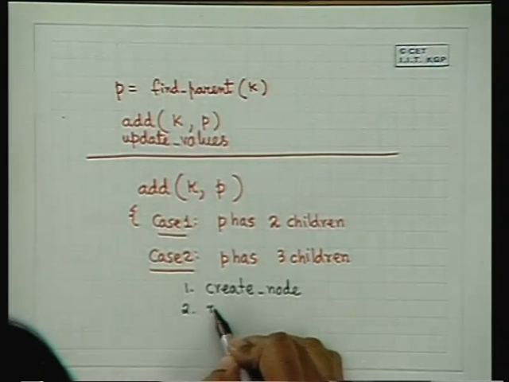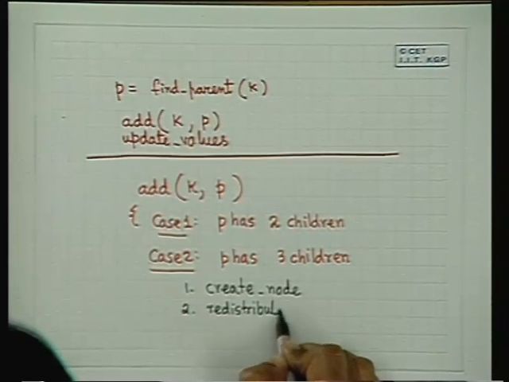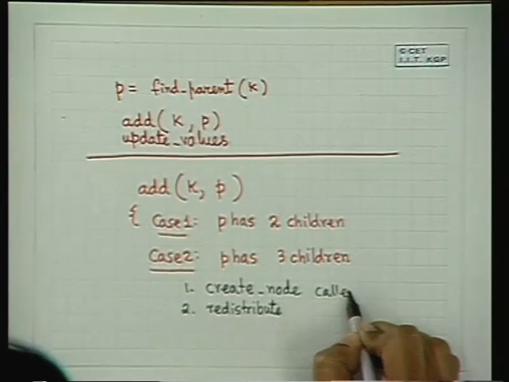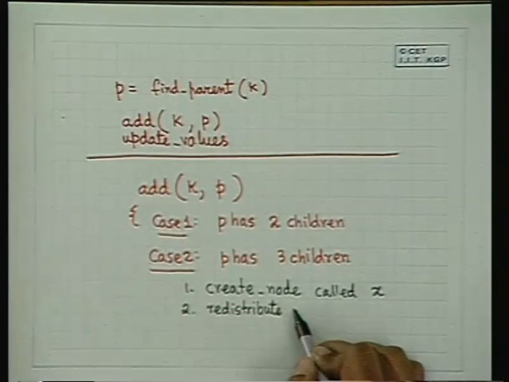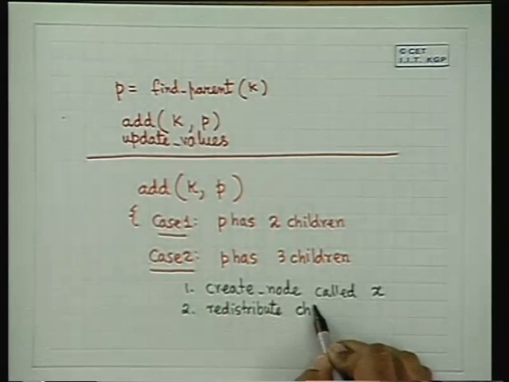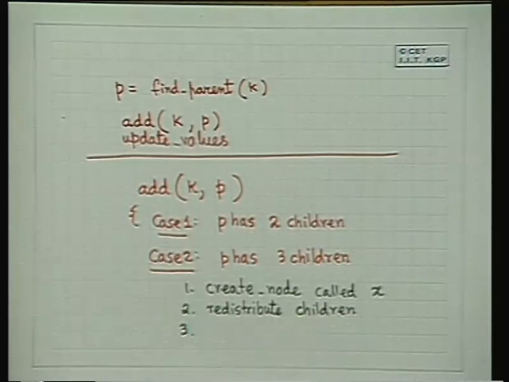Second is redistribute. Create a node, let us call it X. Redistribute the children. And third, can anybody tell me what is the third step?